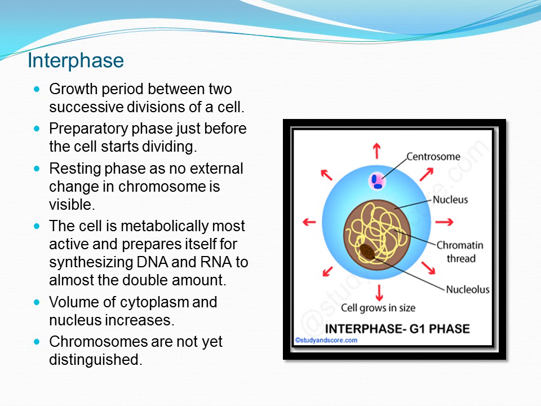So this is the first preparatory phase, or the resting phase, where we can't see any visible changes in the chromosomes. The cell prepares itself for DNA and RNA synthesis. So I think it is clear for everyone. Let us move to the next part.